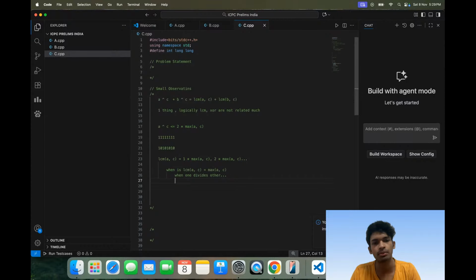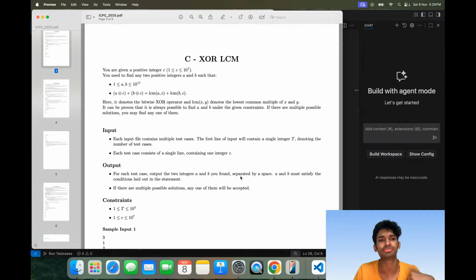I'm still not solving the problem. Let me try to guess something too. I know we should not guess, I say, but let me try to guess something. Can I make A equal to C and then B equal to X or C or something like that? I'm trying to make one of them 0.